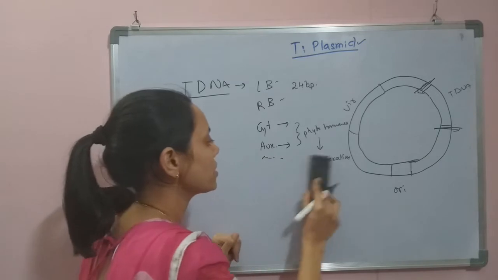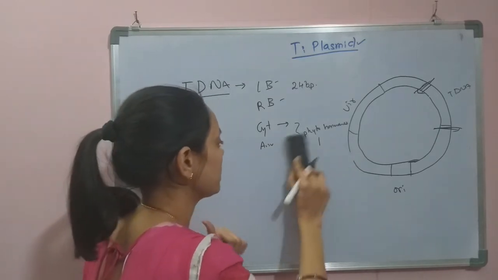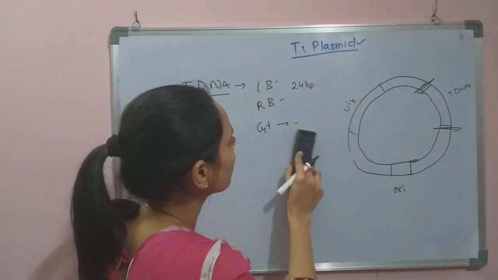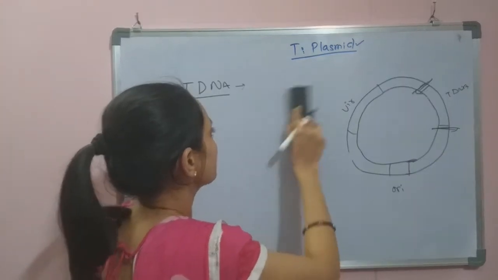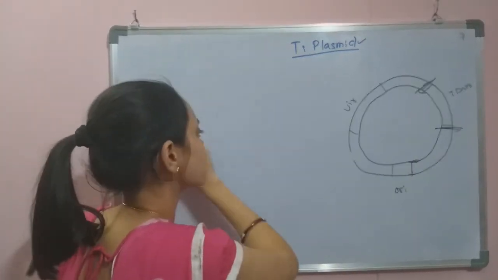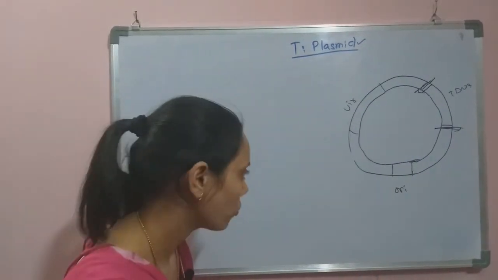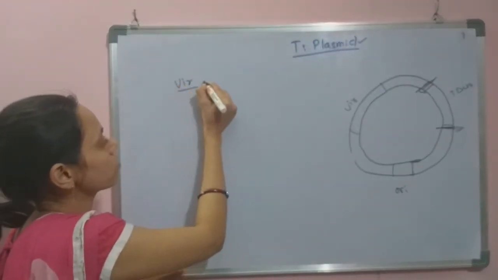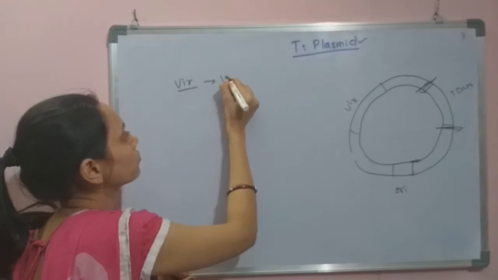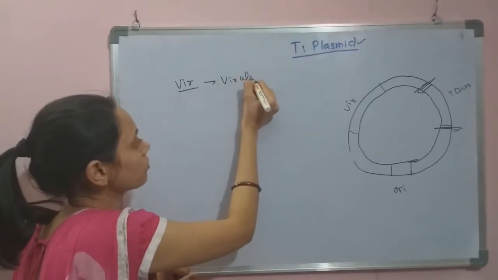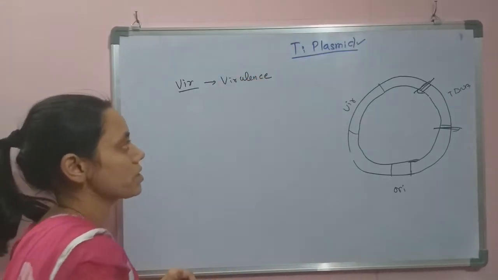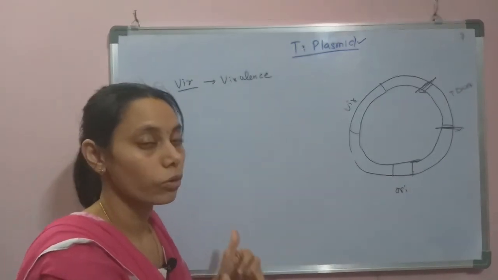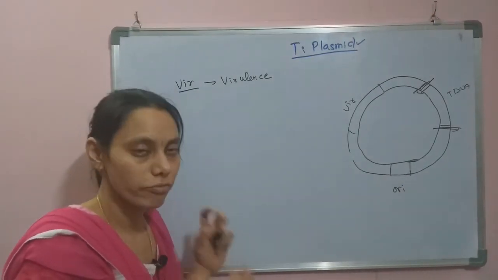So let us discuss how this tDNA will go and insert inside the plant cell. Here we are going to discuss the Vir region. This virulence region, as we already discussed, is responsible for the infection.